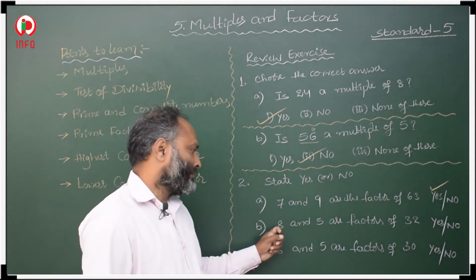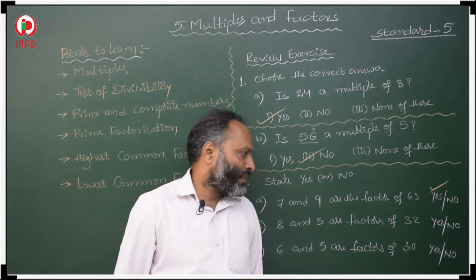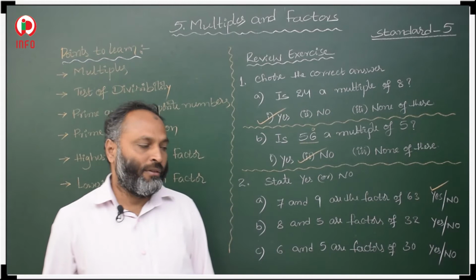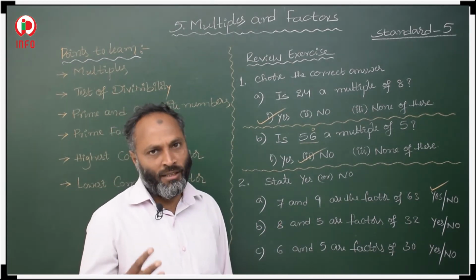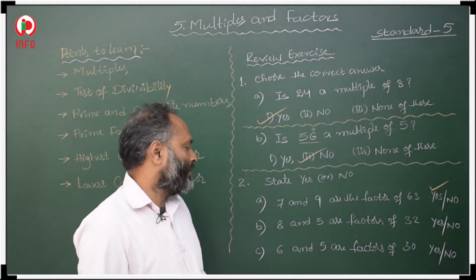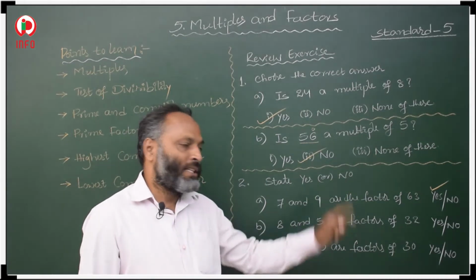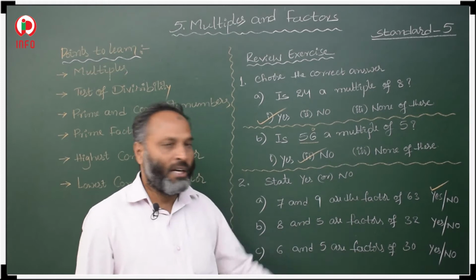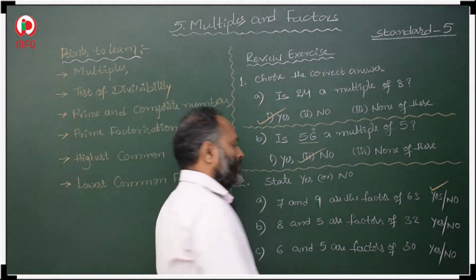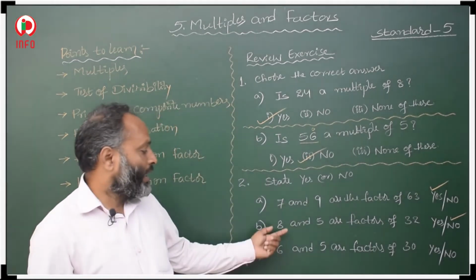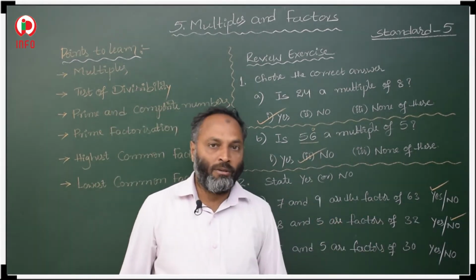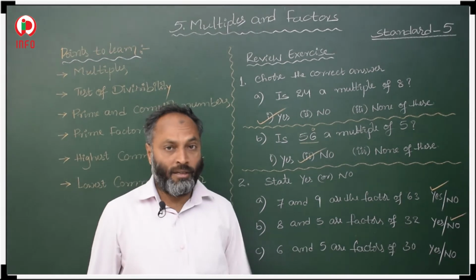Next, 8 and 5 are the factors of 32. First you check 8. 8 fours are 32. So in 8 you will get 32, but in 5 you won't get 32. So it is no. No is your answer. Why? Because in 8 we are getting 32, but in 5 we won't get 32.